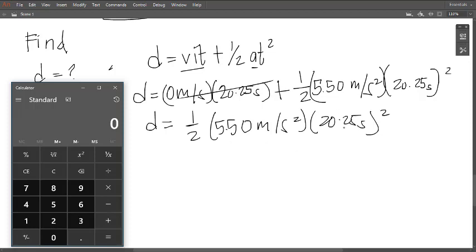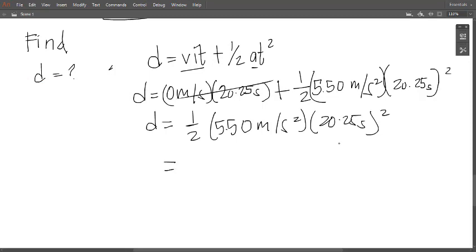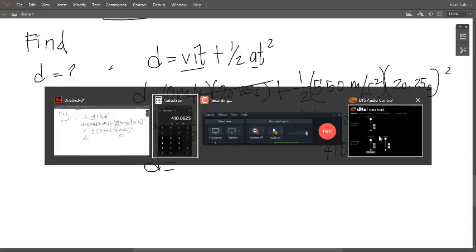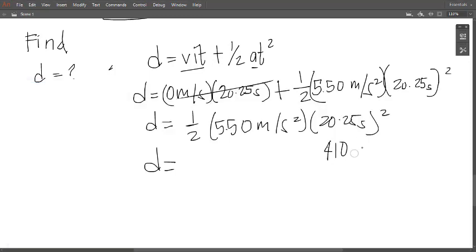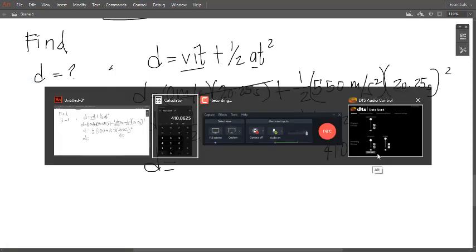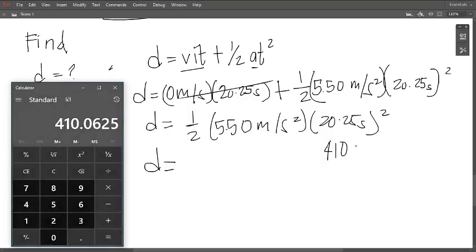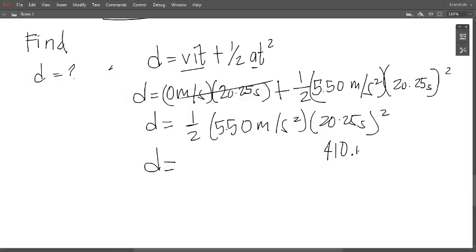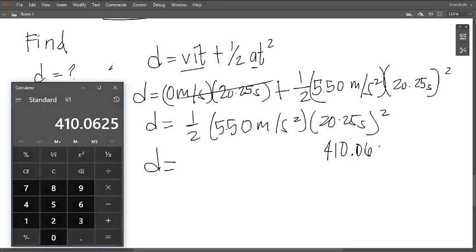Let us multiply first 20.25 times 20.25. So for this number, we have 410.0625.